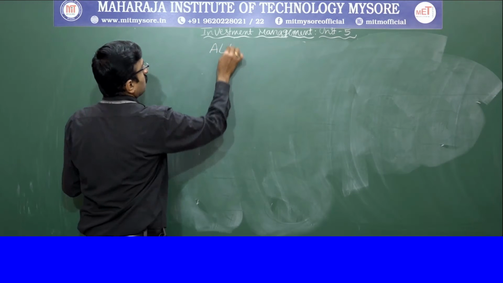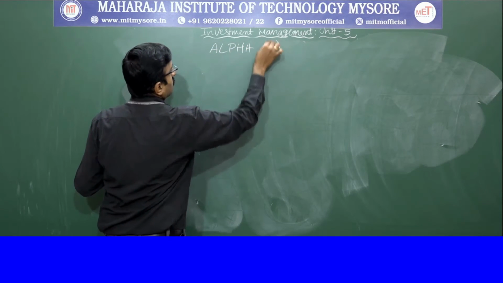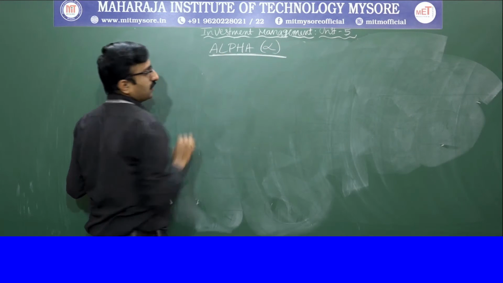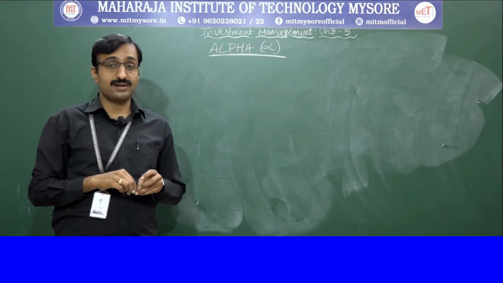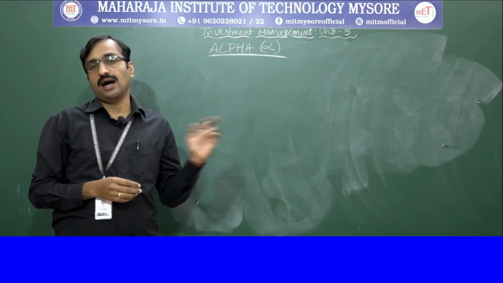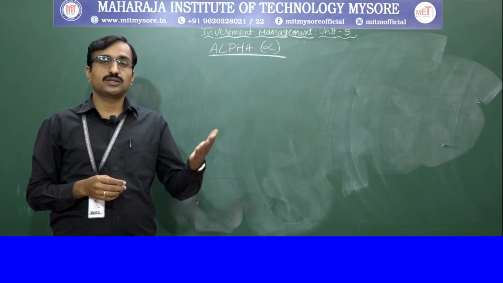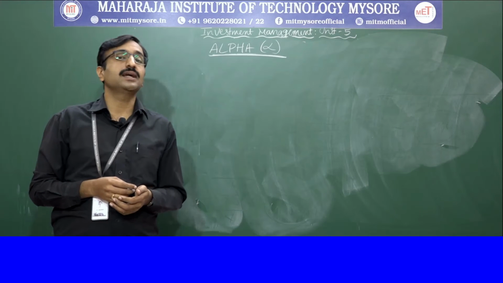Next, moving on to alpha, calculation of alpha. We calculate beta in order to find out the risk in the particular security, and we also apply alpha. Alpha shows the difference between the actual return and the expected return.